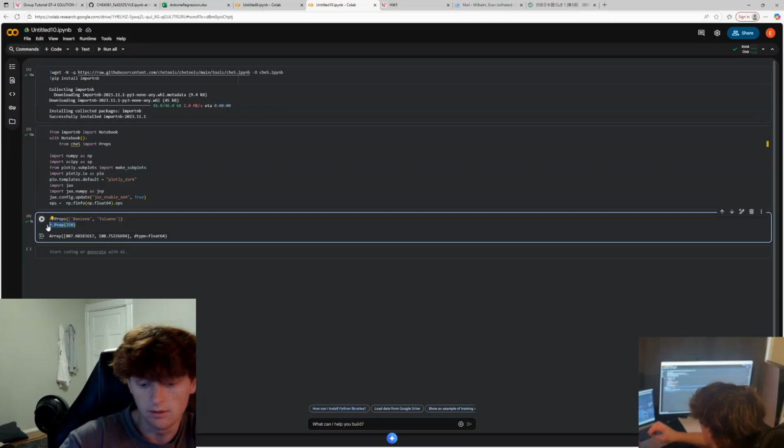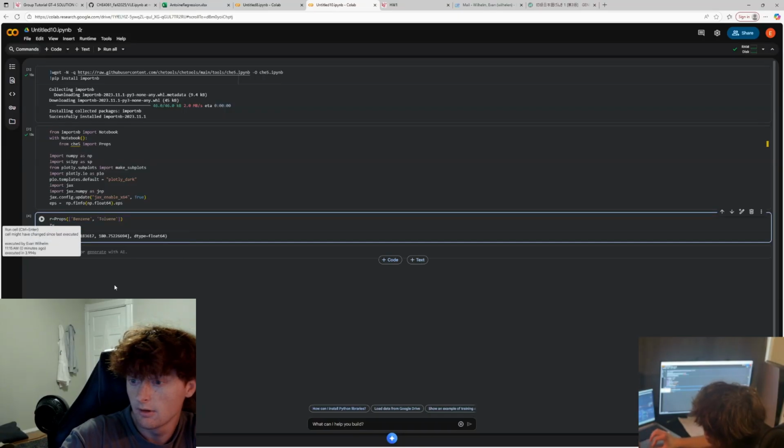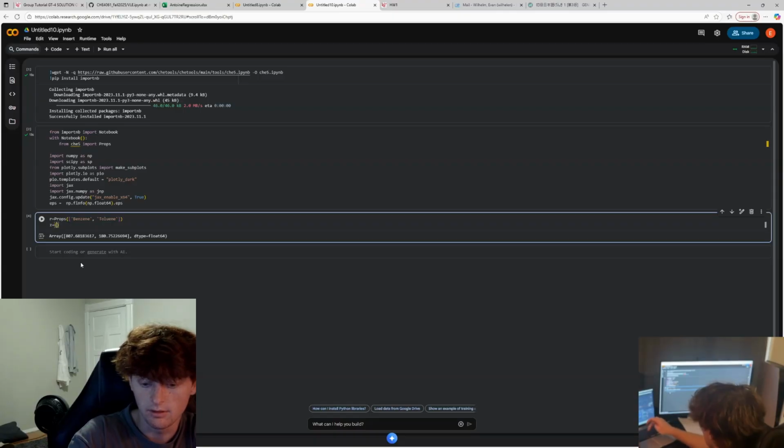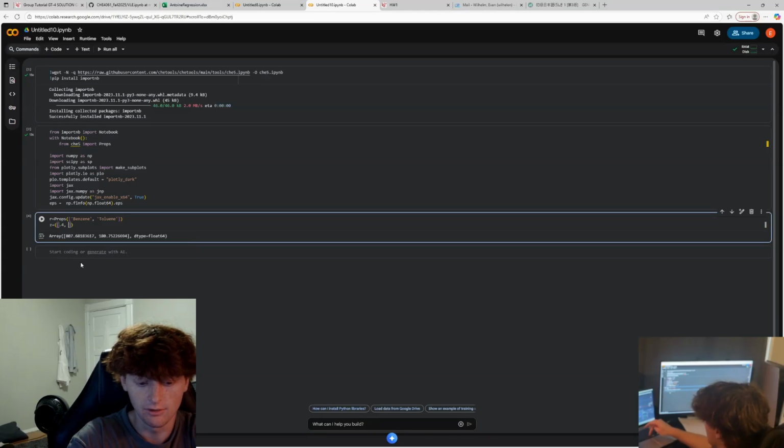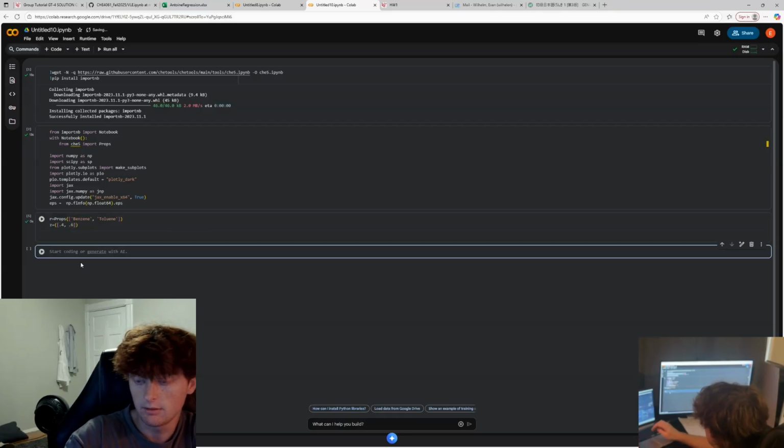So we can move on from that and do our other known value, which is an array, and it is our concentrations, or our molar fractions, so 0.4 and 0.6. So shift enter.